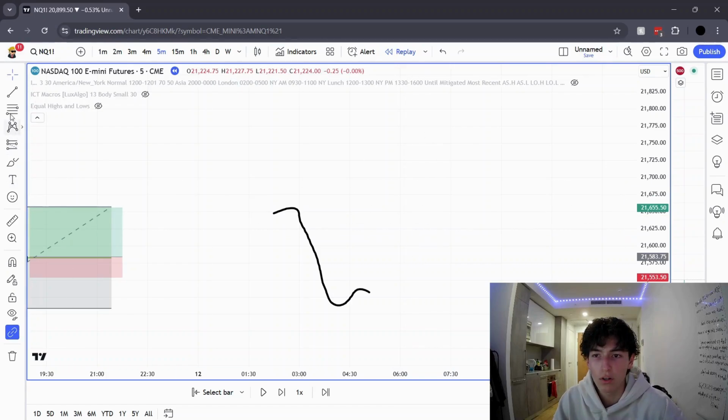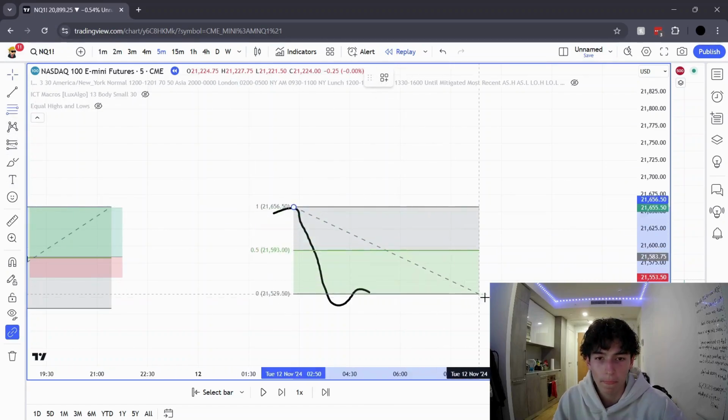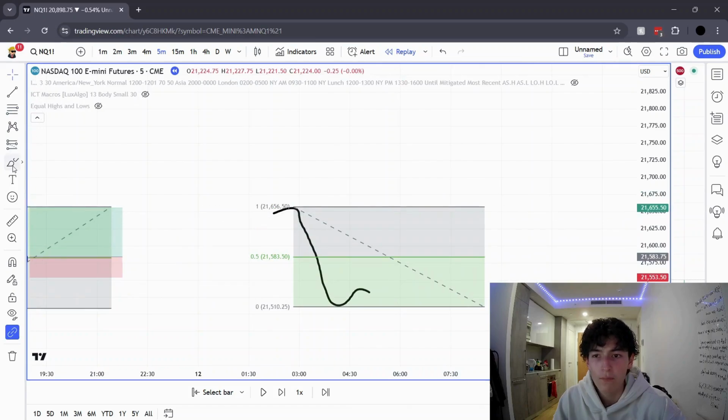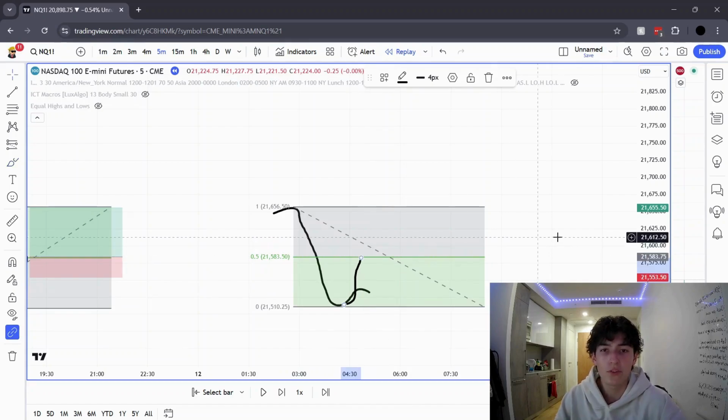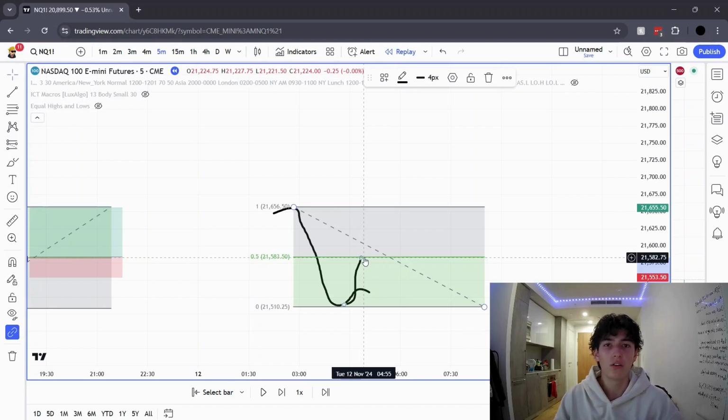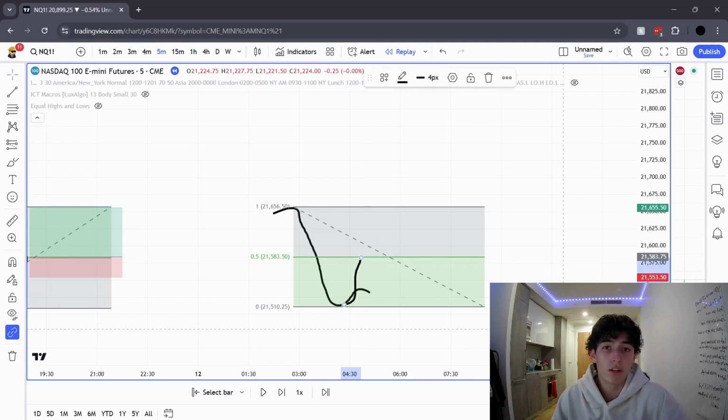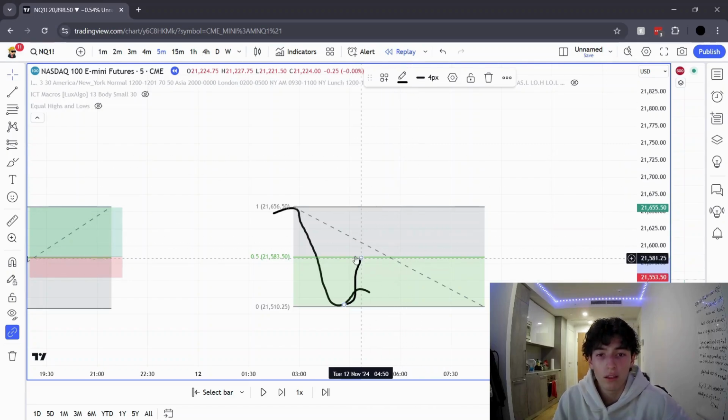I'm not going to take a short if market just comes back to this 0.5. That'd be stupid. Because if I don't see my strategy play out, then I don't really know if market's going to keep going lower, right? It just could keep going higher.